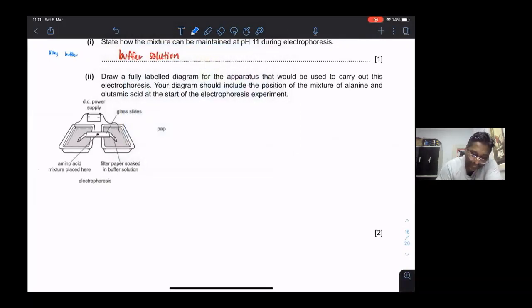For me, I will just draw a DC power supply, and then maybe 2 trays. And then I put the filter paper or the gel here.